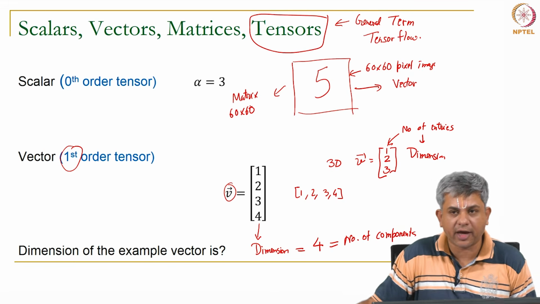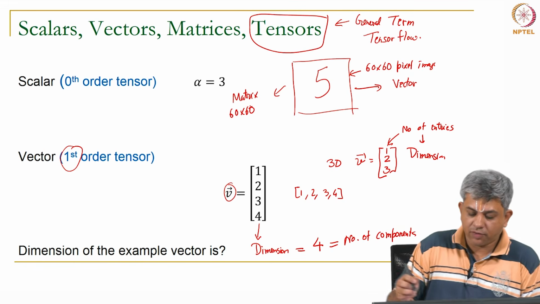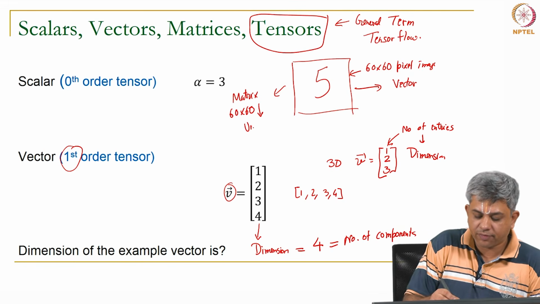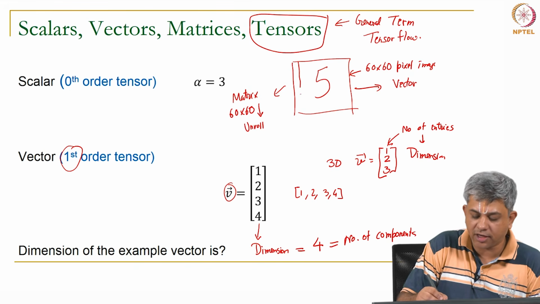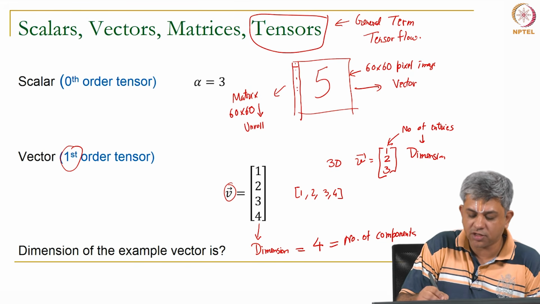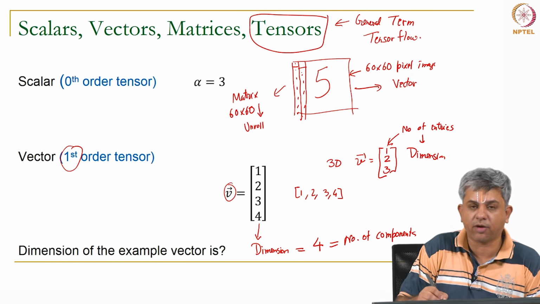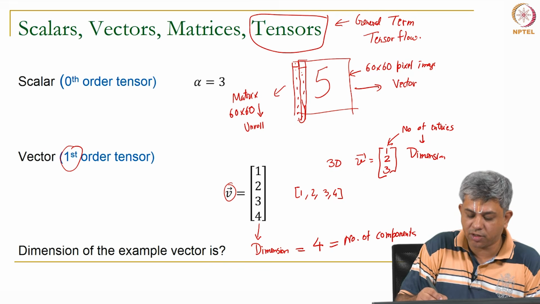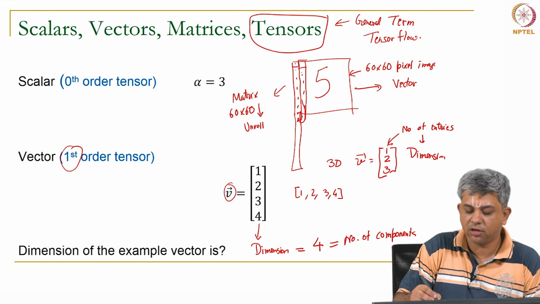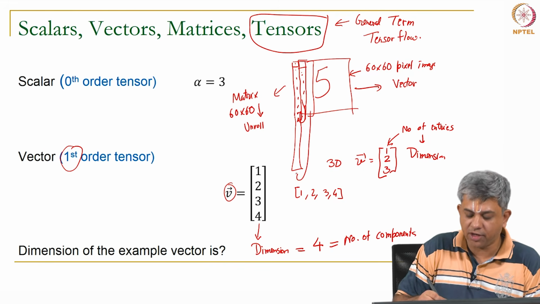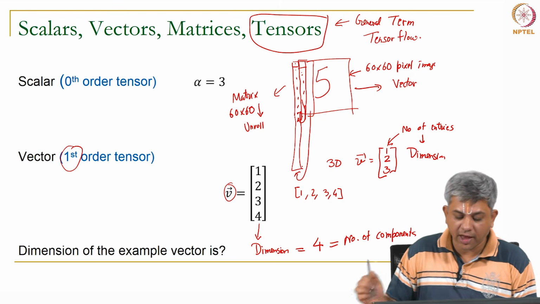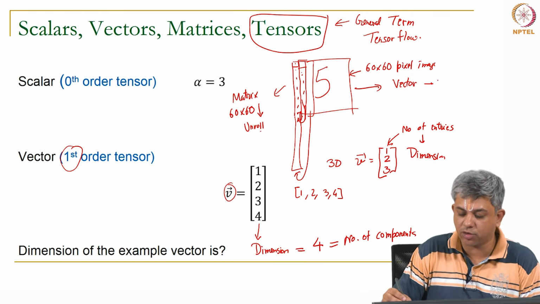At this point it has both a row and a column. Then I could unroll it. How would I unroll it? As I said, you have first column, you have a series of numbers here, you have second column, you have another series of numbers here, you take this series of numbers, put it at the bottom, third column, put it here, so on and so forth. Then when you unroll it, the size of the vector is going to be 3600.